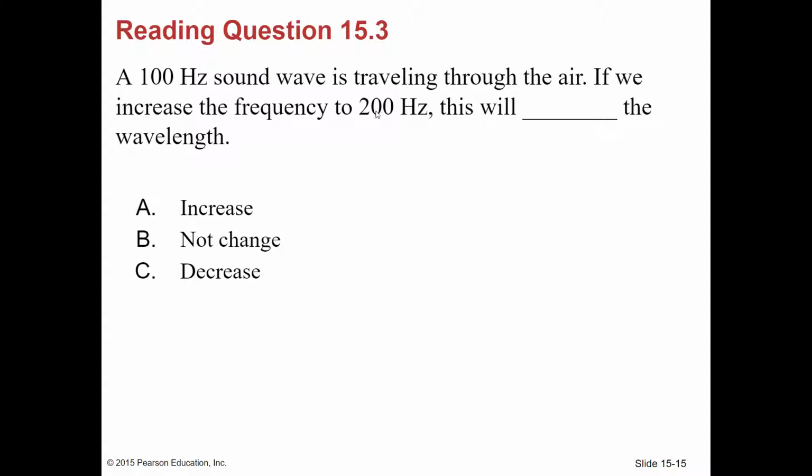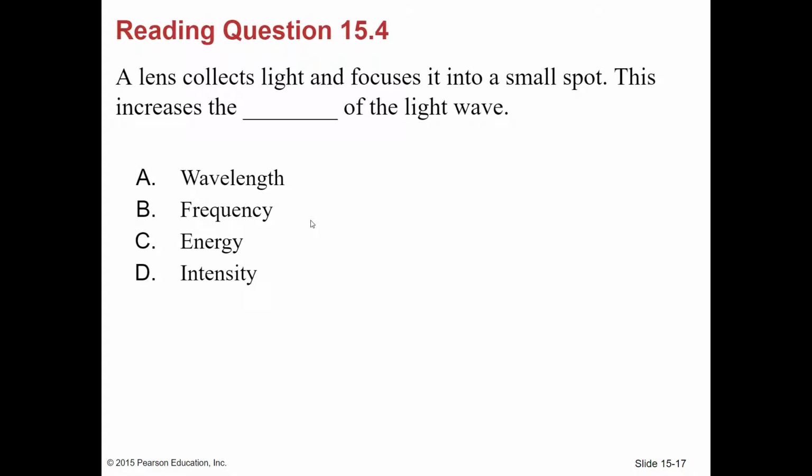We're changing the frequency, and we want to know what happens to the wavelength. It's going to decrease. The distance between the waves gets smaller, because there are more waves in a smaller amount of space, so all the tops of the waves get scrunched together, and the wavelength decreases.